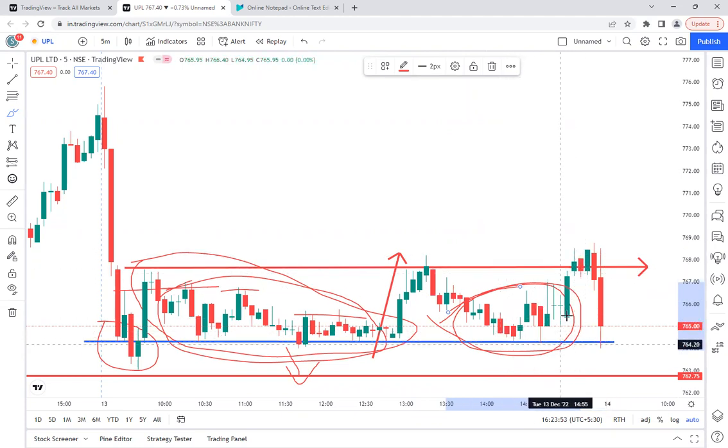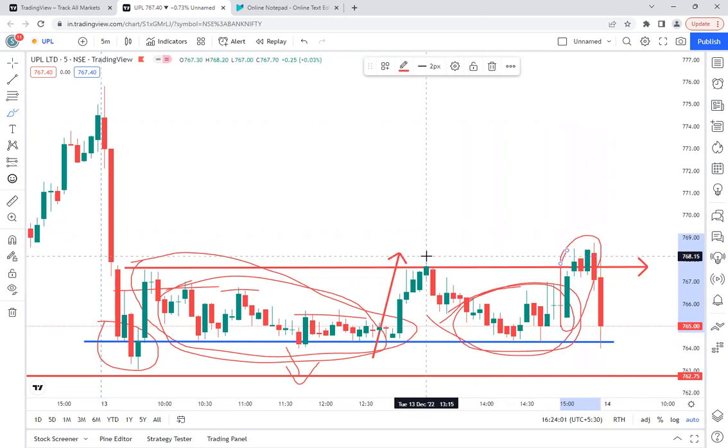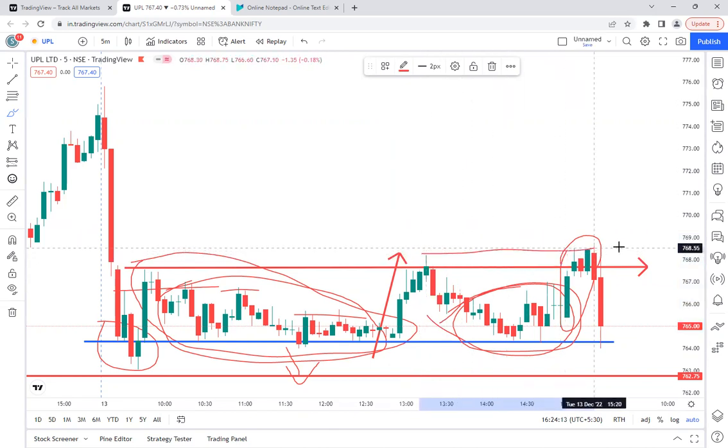And unfortunately, again, in just a span of 5 to 10 minutes, 15 minutes maximum, they killed off everybody. They even went above this candle, because some people might think to keep the stop loss just above the maximum high that was made during the day. So even above that, they went and they killed everybody.